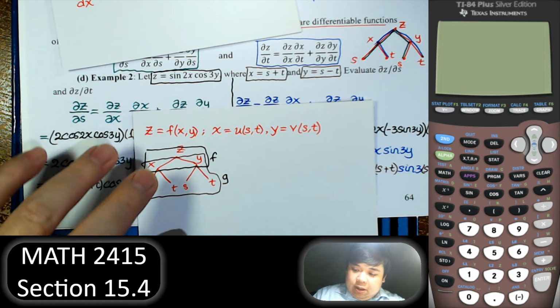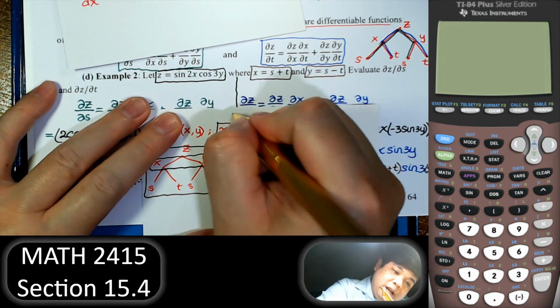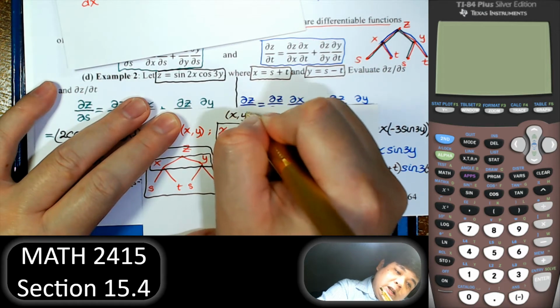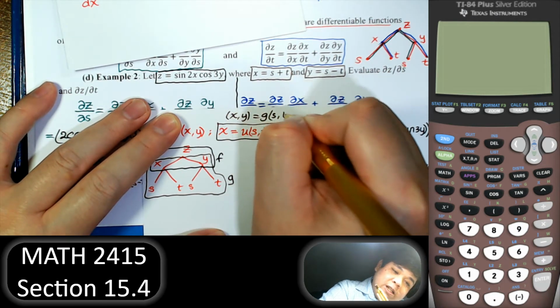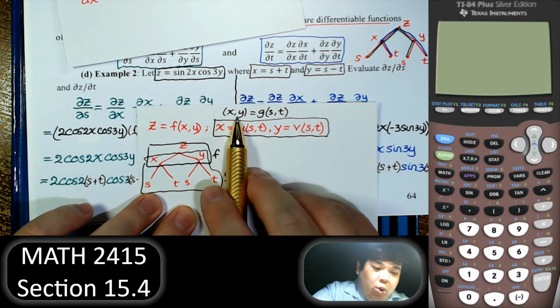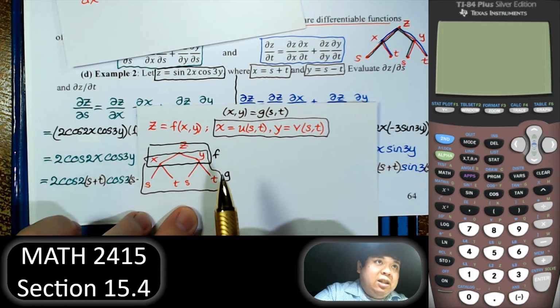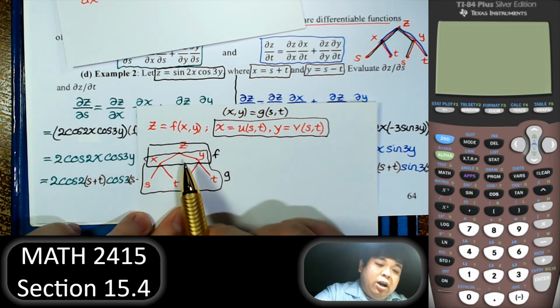So this together is g. We can say xy equals g of u, v of s and t. We can even write like that, right? So x and y is a function of s and t, and z is a function of x and y, like that.